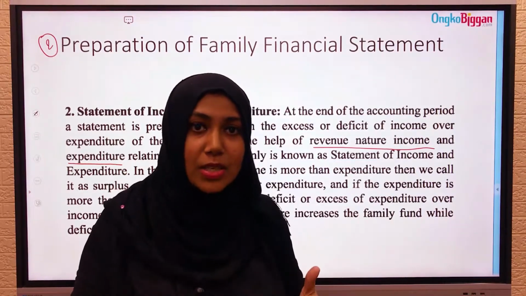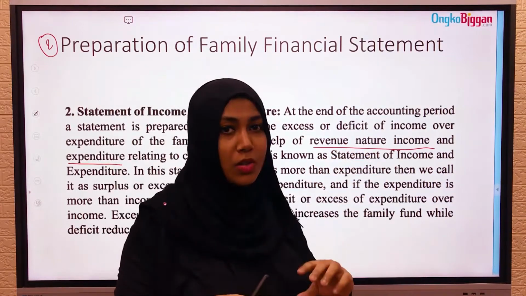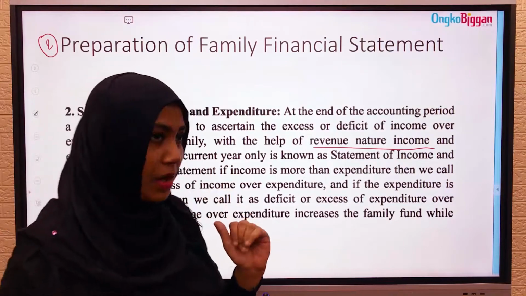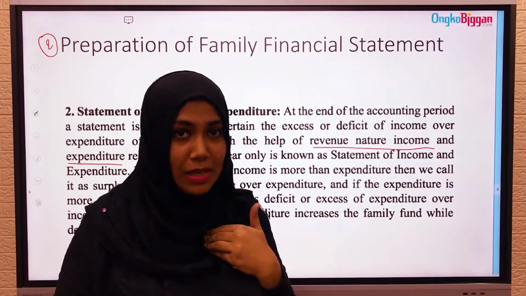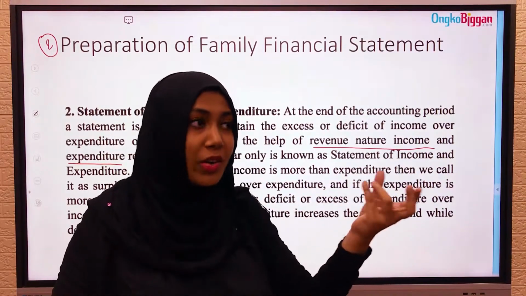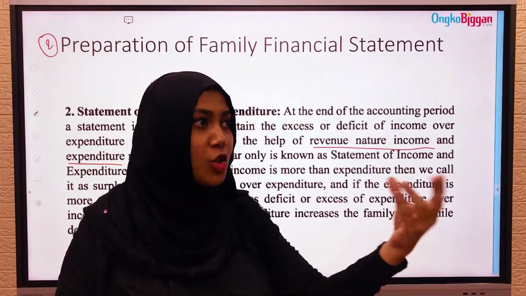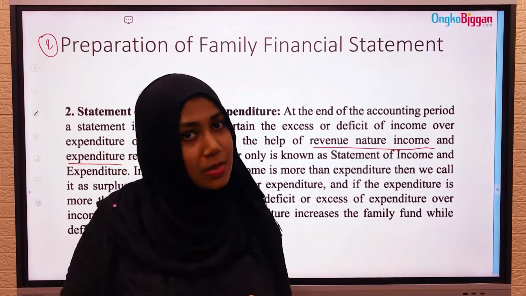We get benefited within a year, for a short time. That is what we consider in our income statement. For example, if I'm the owner of a building, then I'm getting rent, so rent is my income. If I'm running a shop, I get the shop rent every month, so that shop rent is my income.